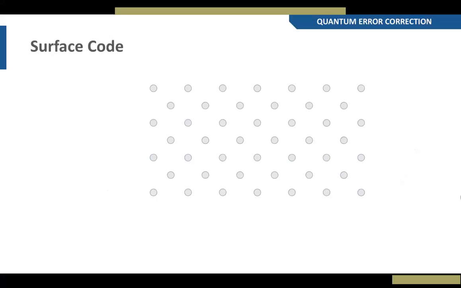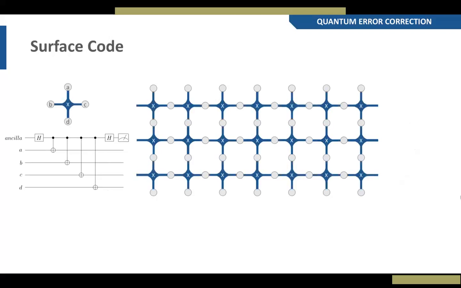The way to do it is by arranging multiple physical qubits on a surface, and then doing some tricks to allow them to interact with each other so that we have higher fidelity operations on this surface. To be more precise, what we will introduce is one extra qubit we call an ancilla, as you can see on the left-hand side of the circuit, for each of the 4 data qubits, denoted as a gray dot on the screen.